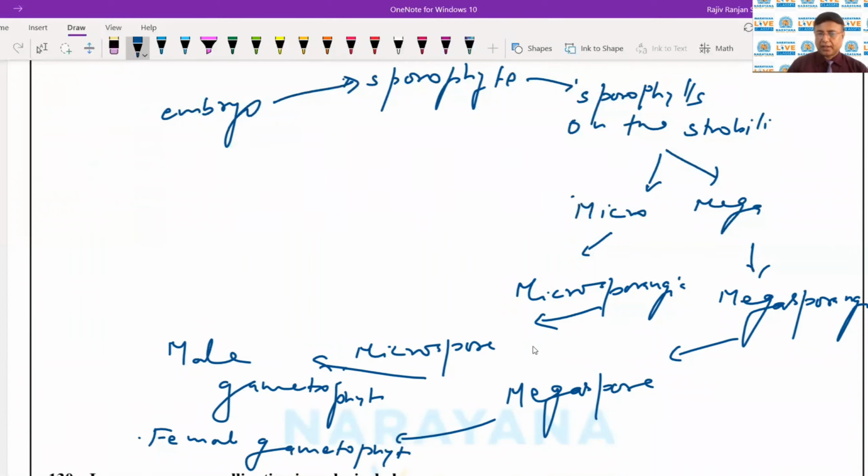So here one thing noteworthy is that both microspore and megaspores are produced by meiosis, and therefore they are haploid.